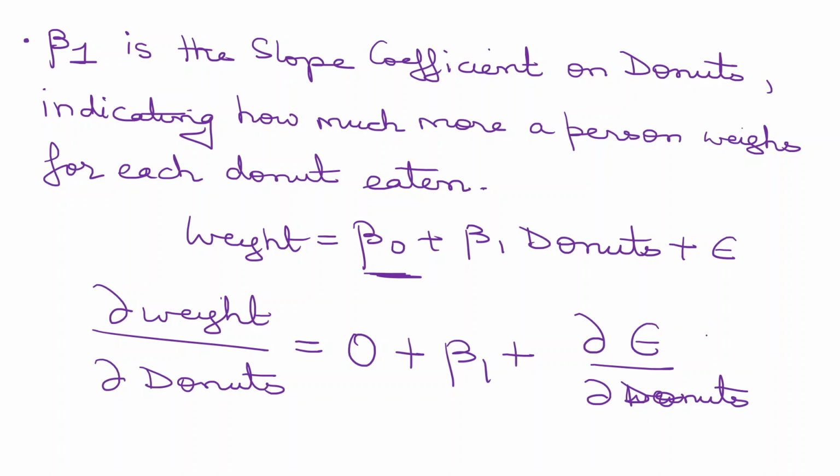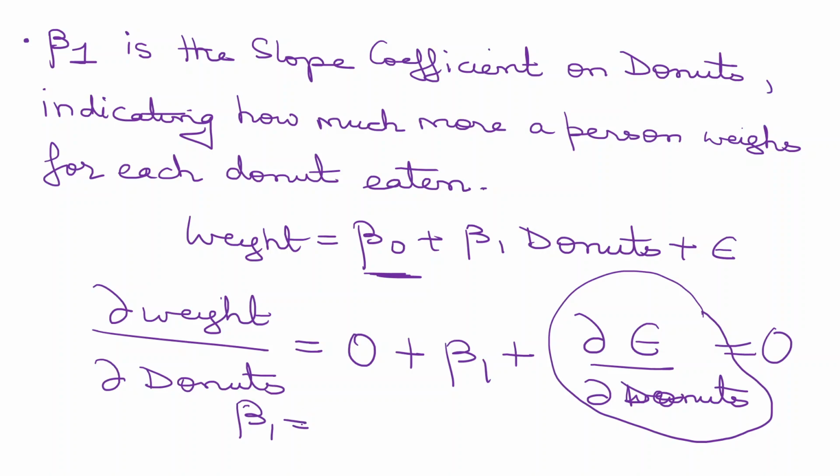We will see later, and this is a very key issue in econometrics, that we take this to be equal to 0. For now, beta 1 in a discrete sense is change in weight by change in donuts. So if change in donuts is 1, then beta 1 is the change in weight.